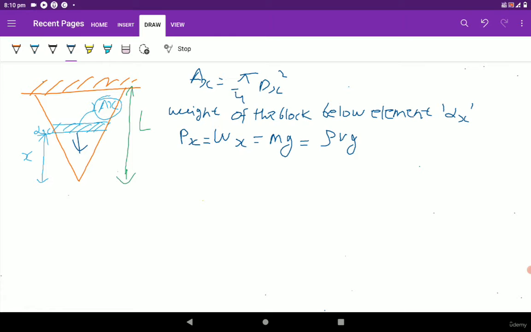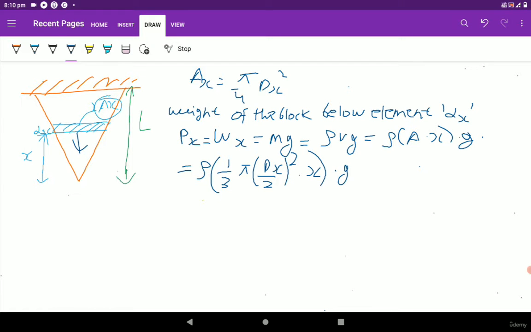So here the weight will be rho times volume times g. After further simplifying, we are going to get rho multiplied by the volume, one third of pi dx by 2 square times x, multiplied by g.